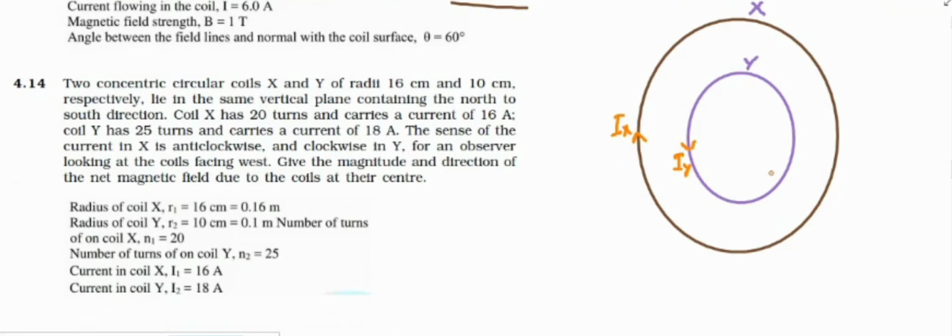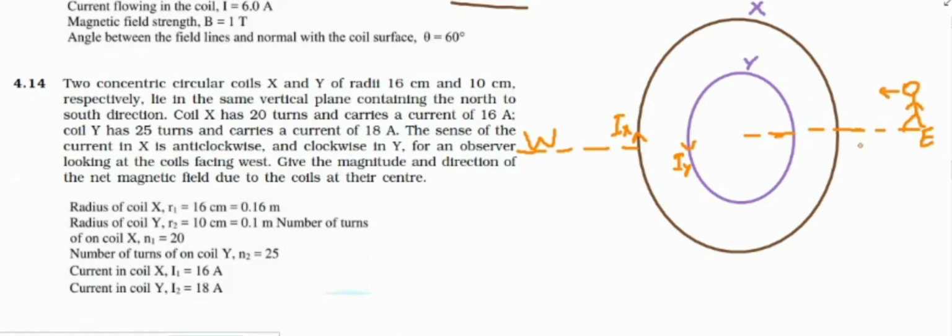Now let's see the observer. Here we can take the axis of the coil like this. Now here west and east, and the observer is standing here, and the observer is facing towards west.